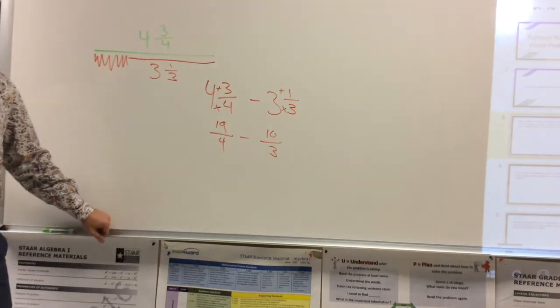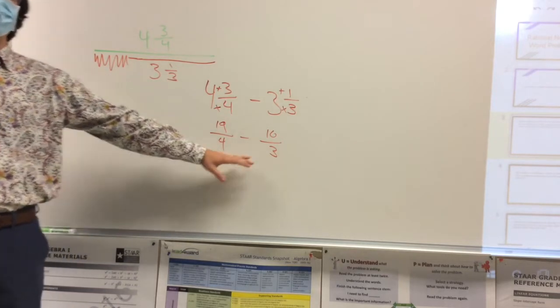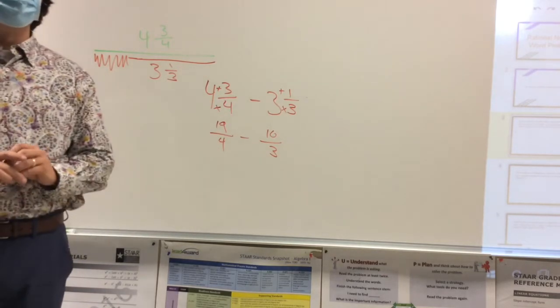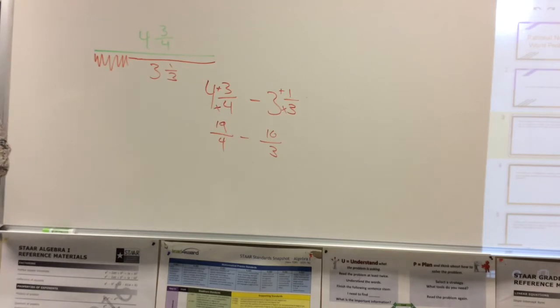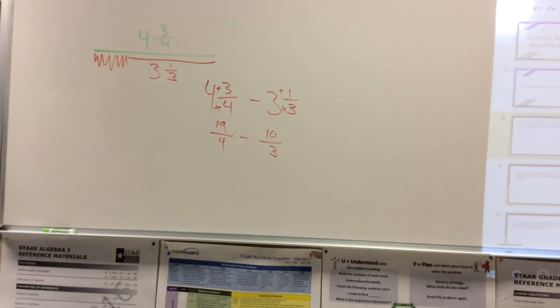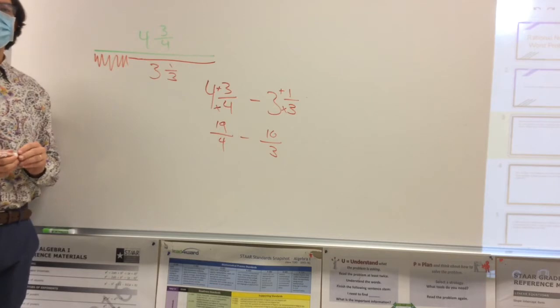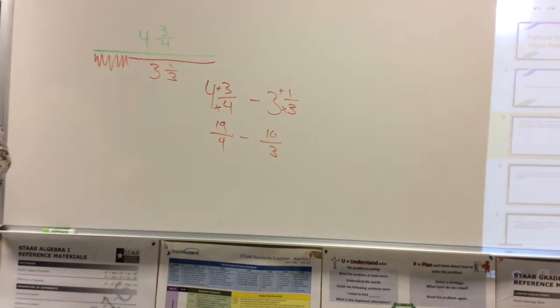Okay. All right, Anthony, I want to find common denominators. Do you remember the easiest way that I've told you to find common denominators? That was great. I love that you're looking back in your notes.